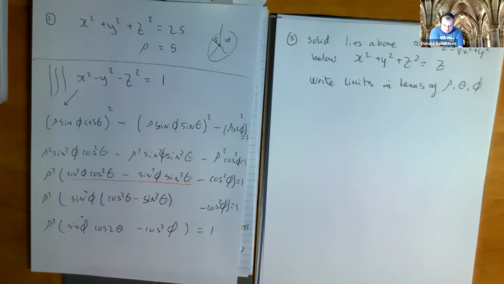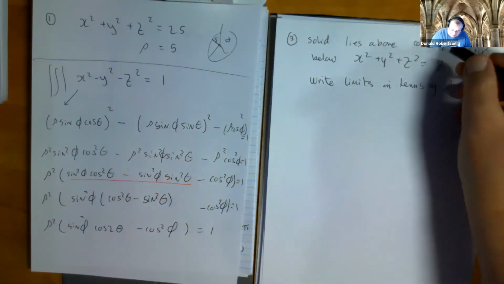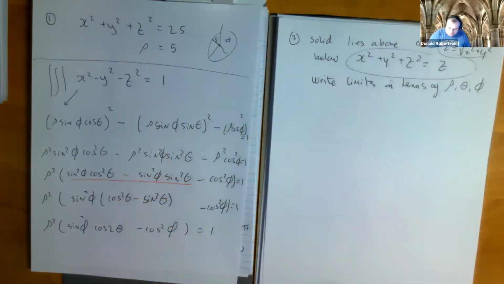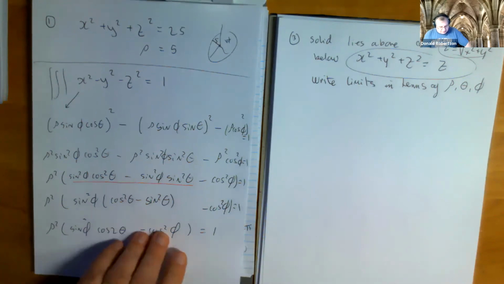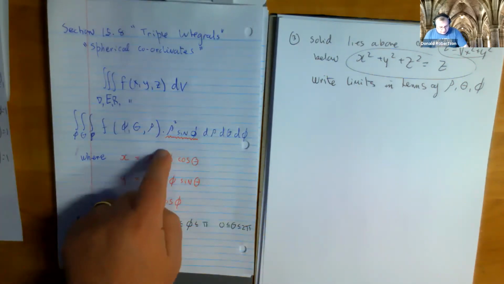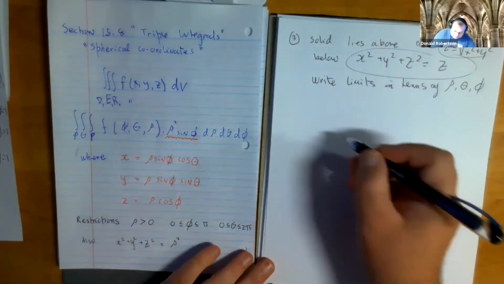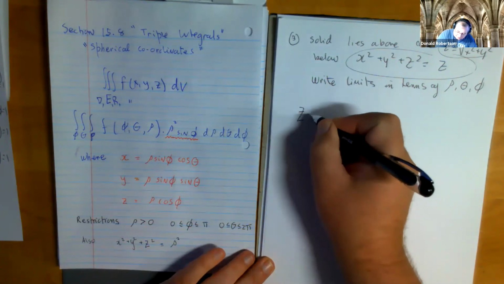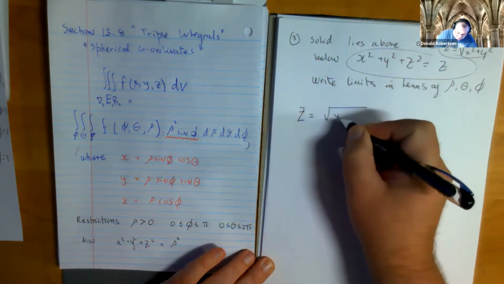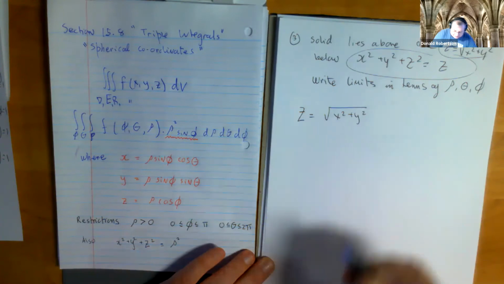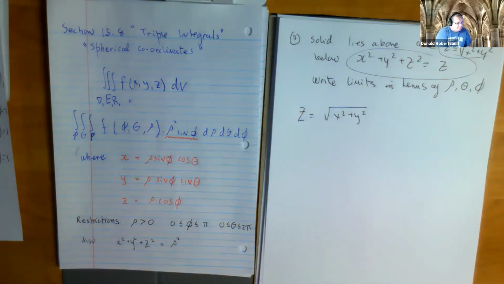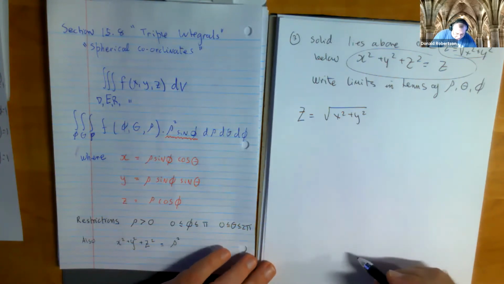Okay, so let's see how this fella and this fella might interact, and we're going to use these guys to help us. So I'm going to start with what this fella would look like if he was in polar form. Because once I convert him to polar form, that should give me the limits of integration, whatever it ends up being. I happen to know what it's going to be, but we don't yet.